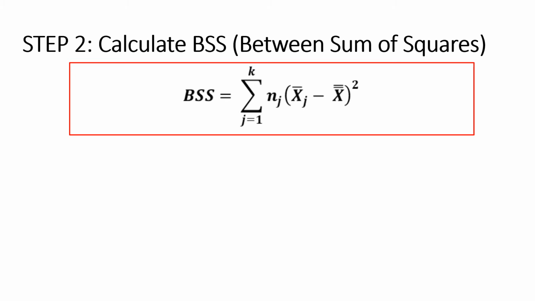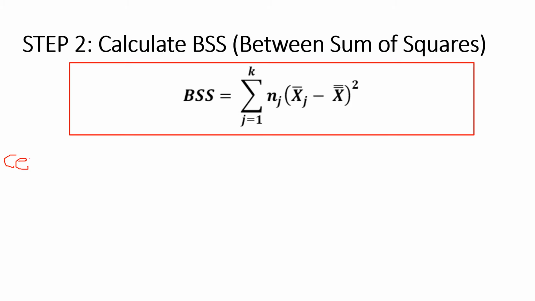We subtract each sample mean in turn from the grand mean, and then we square that. Each time after we've squared those, we multiply by the number of observations in that group's sample.